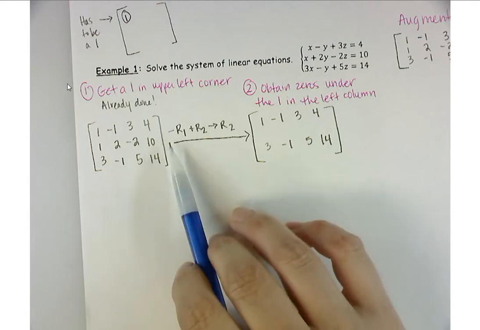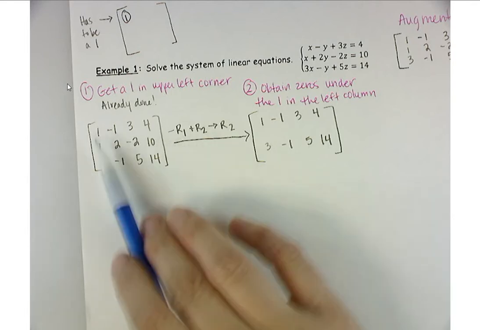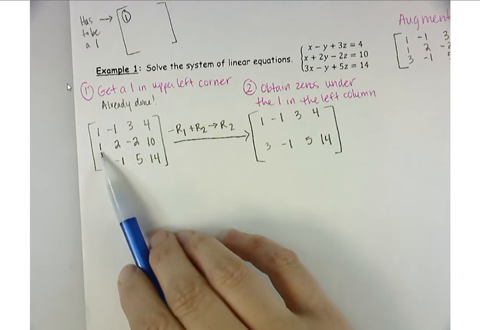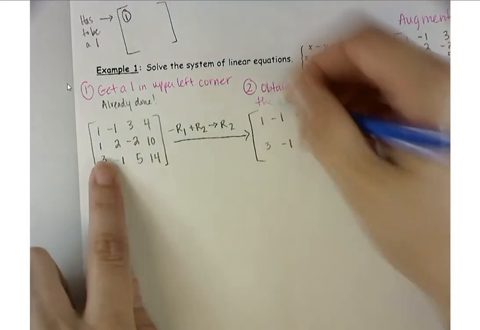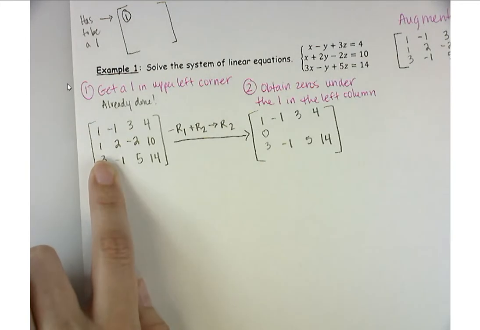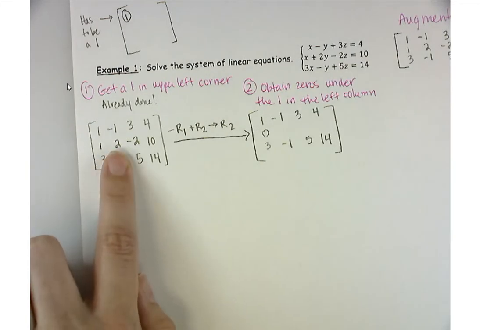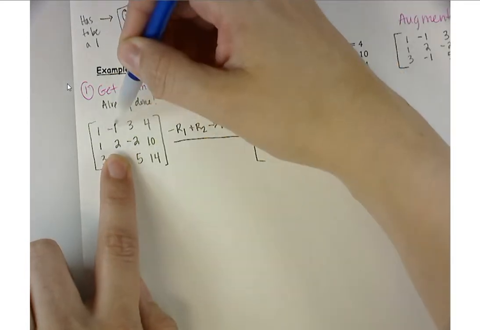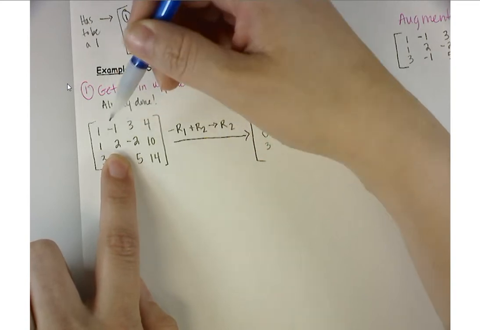So if I multiply -1 by -1 and then add it to 1, what do I get? 0. You guys have to be with me here, okay? So for this one, I'm going to be multiplying -1 by -1, which is what? 1. 1 plus 2? 3.